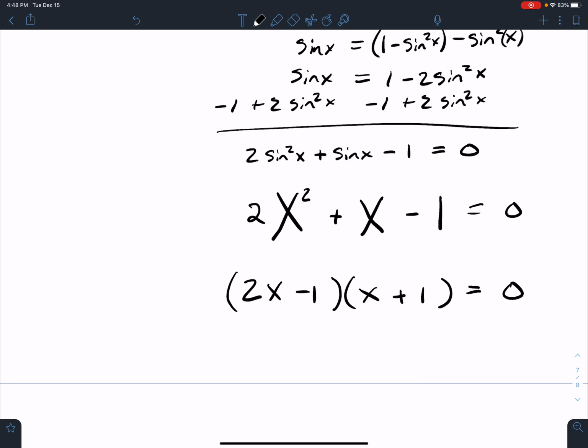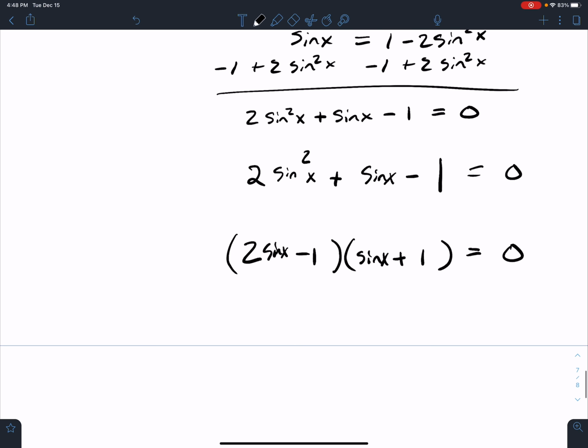But remember, this is just representing that thing, right? So really, this can be replaced with sine squared x, and this is sine x, and then this can be replaced with sine x and sine x, right? So now you've just factored a quadratic in terms of sine x, all right?